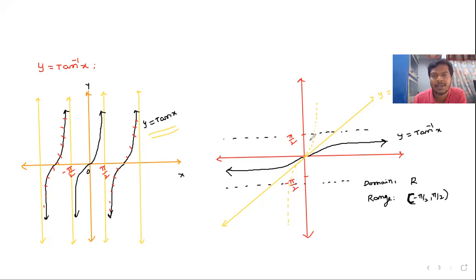Only interior part of minus pi by 2 to pi by 2, tan inverse of x exists. So range should be with open brackets. Next, clearly the graph is symmetric about origin. Therefore, it is odd function. And clearly it is strictly increasing graph. It is strictly increasing also. This is about the graph of y equal to tan inverse of x.